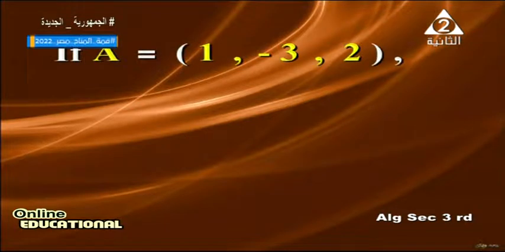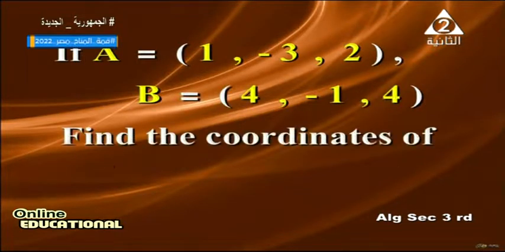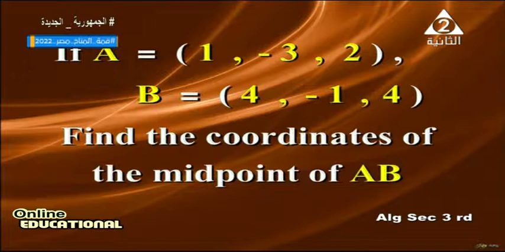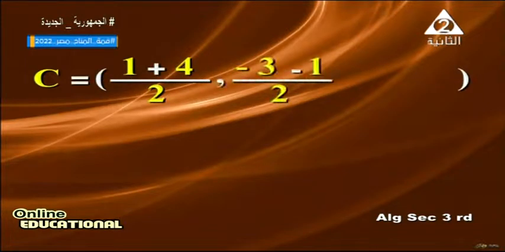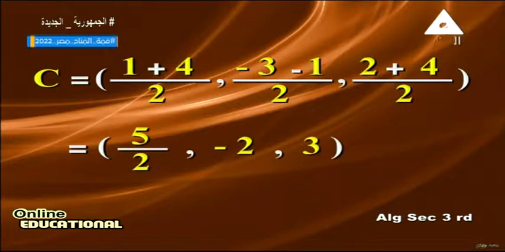If we have point A (1, -3, 2) and B (4, -1, 4), the coordinate of midpoint AB equals (1 plus 4) over 2, (-3 plus -1) over 2, (2 plus 4) over 2, which equals (5/2, -2, 3). This is the coordinate of point C, which is called the midpoint of AB.